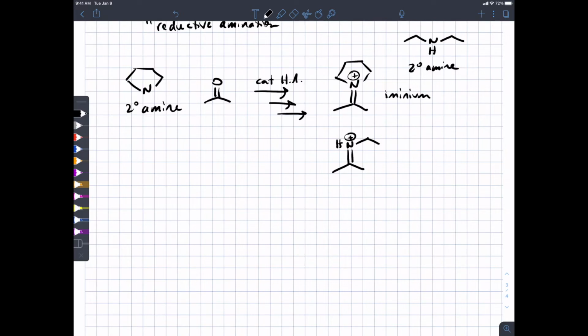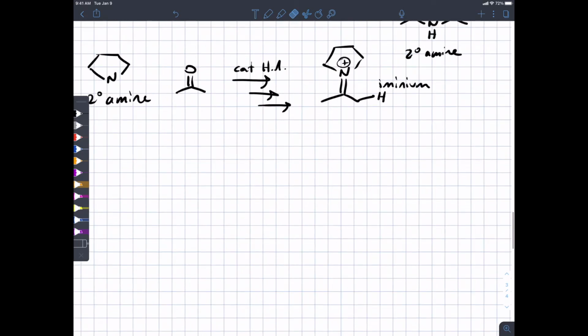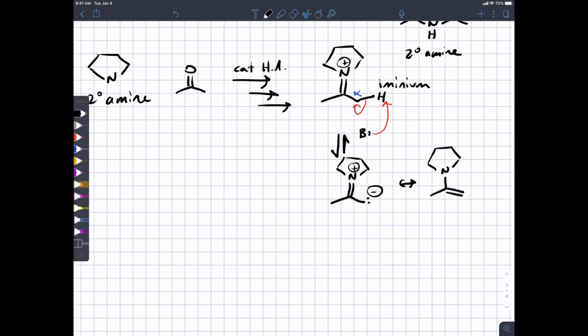And so what happens next is, instead of trying to remove a proton on the nitrogen, we're going to instead remove the proton from the alpha carbon, for reasons similar to why we removed the proton from the alpha carbon earlier today, because you're going to see that the conjugate base of the iminium ion, where we remove the alpha proton, is resonance stabilized and has a neutral form, which is the one that we will usually draw.